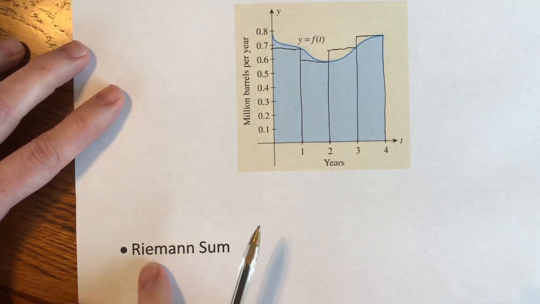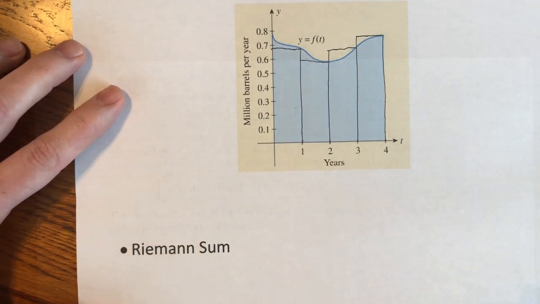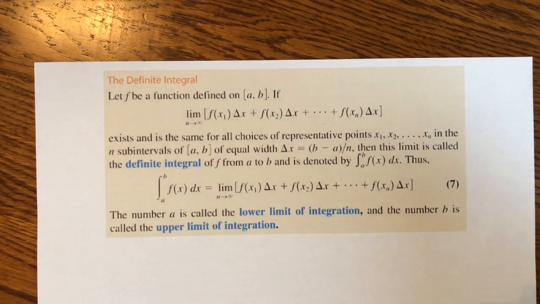And that's based on this Riemann sum. So long story short, what the Riemann sum is going to allow us to do is come up with infinitely many rectangles. And if you had an infinite number of rectangles, you are really looking at the very precise area under a given curve.